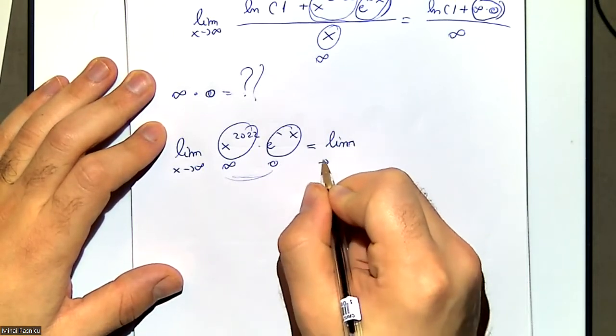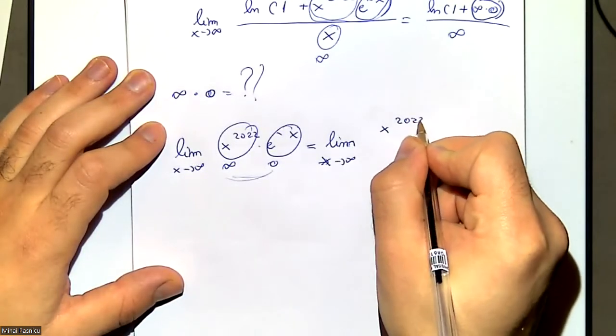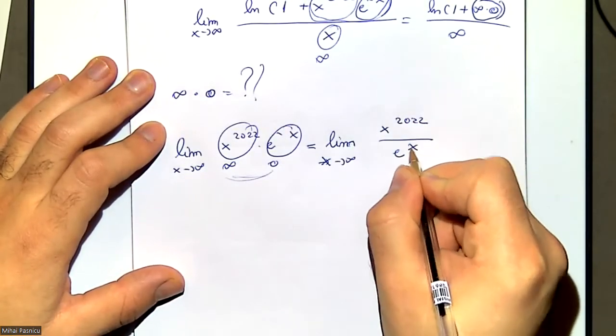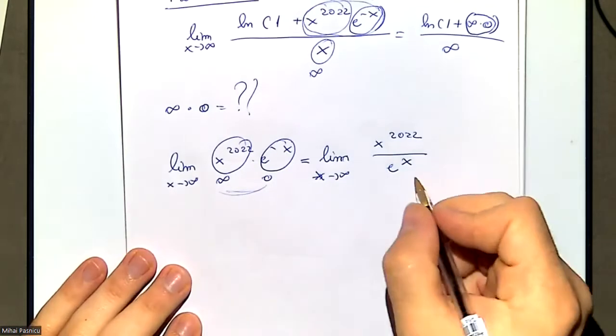In order to apply L'Hopital, I need to have a fraction. So I create my fraction. e to the minus x is just 1 over e^x. That's more or less clear to everyone. Now we look at this for a second, and what do we see?